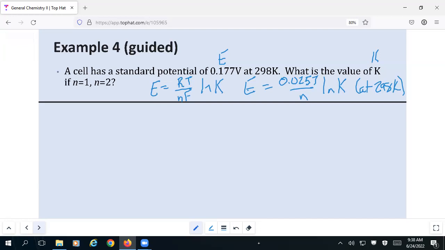Where because we're working at standard conditions, they'll just integrate that temperature into the constant. And it's totally okay if you use an equation like that. It does simplify things, but it is not on this equation list.